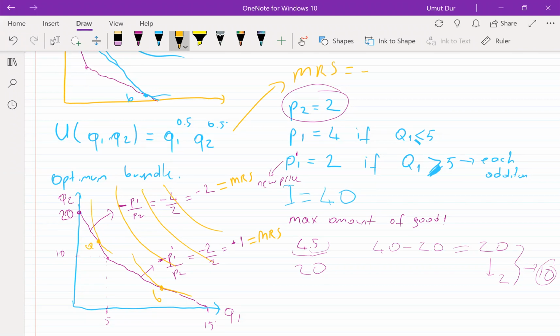It is minus marginal utility of good 1, which is 0.5 times Q1 to the 0.5 minus 0.5 times Q2 to the 0.5, divided by 0.5 times Q1 to the 0.5 times Q2 to the minus 0.5. If you do the math here, it will be Q2 over Q1.